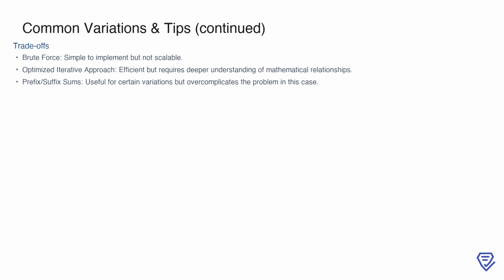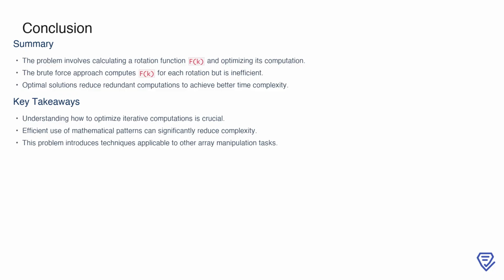This added complexity might make it harder to implement initially, but the performance benefits are significant for large inputs. Lastly, prefix and suffix sums, while useful in many array-based problems, aren't the best fit here. They tend to overcomplicate the solution without offering substantial advantages for this particular problem. Understanding these trade-offs helps you choose the right approach based on the problem constraints and the context, such as an interview or real-world application.